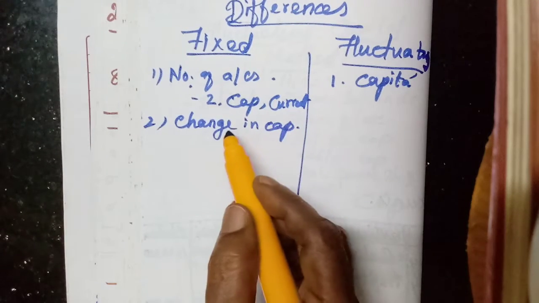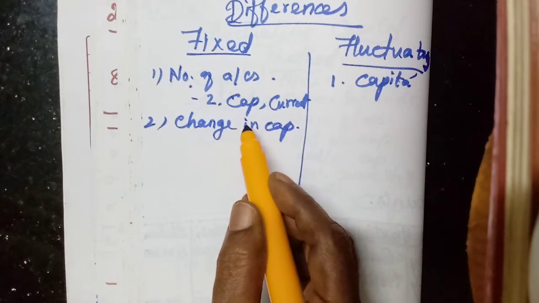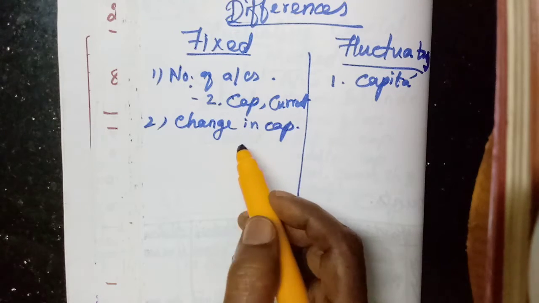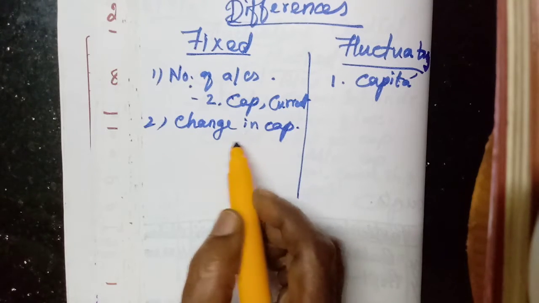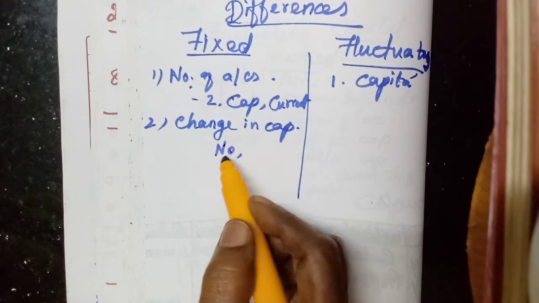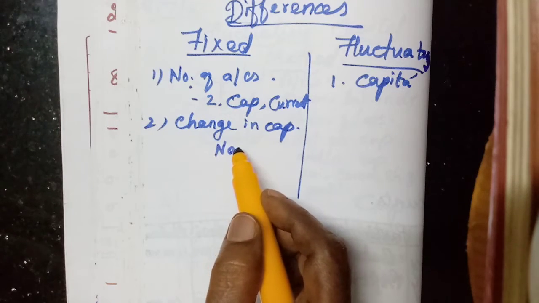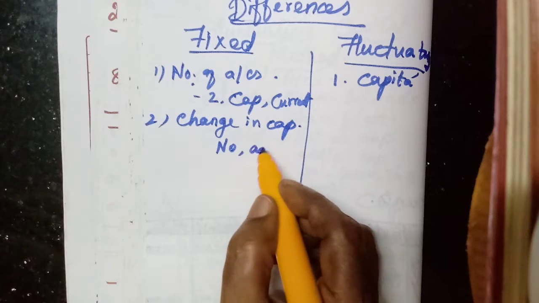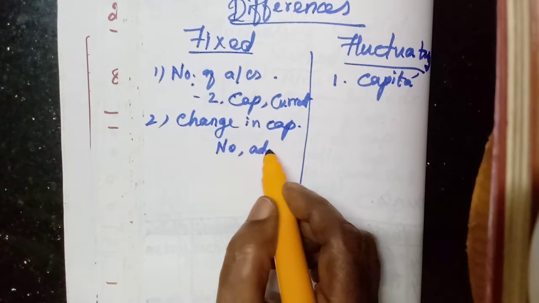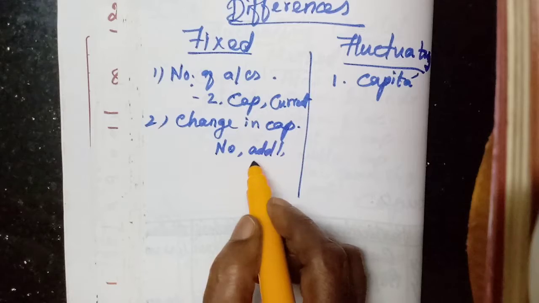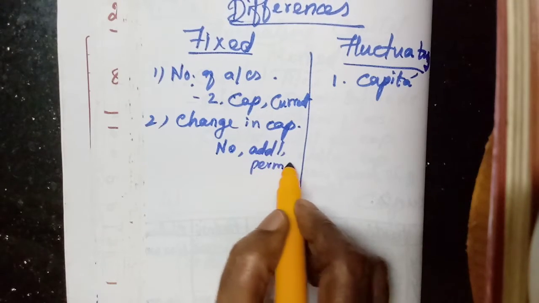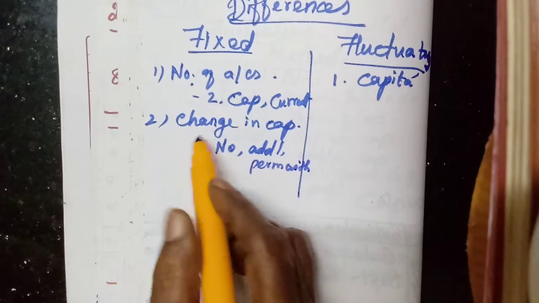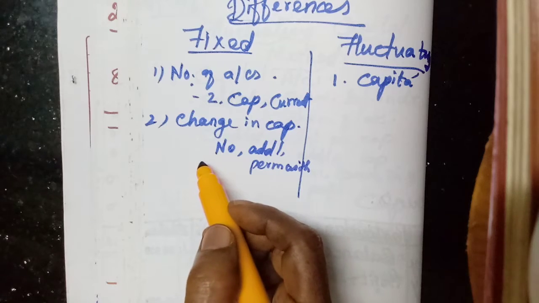Here in the fixed capital method, the amount of capital usually will not change. Okay, no change. But if there is additional capital and permanent withdrawal, then there will be a little change in the capital.